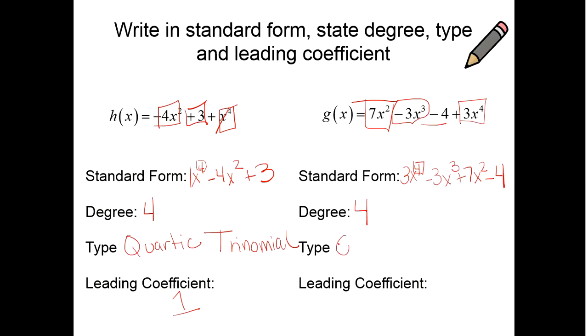So this is a quartic again, but since there's 4 terms, 1, 2, 3, 4, this is a polynomial. Okay. My leading coefficient, number in the front, big number in the front, right here, that is a 3. So my leading coefficient is 3.